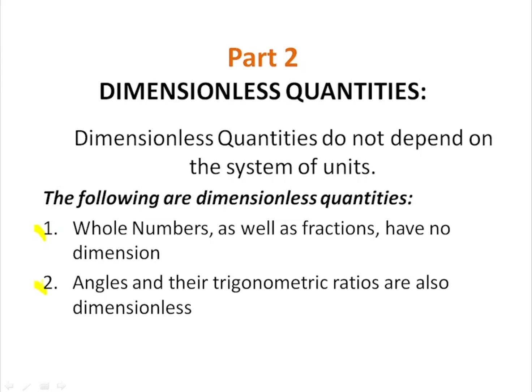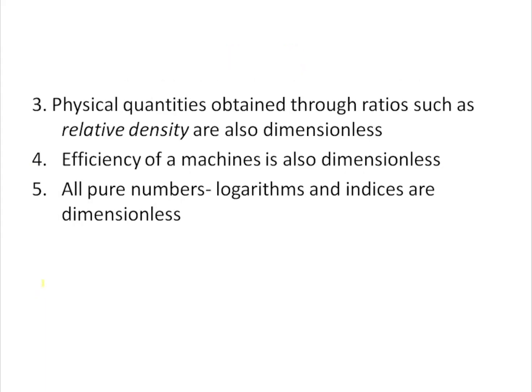Angles and their trigonometrical ratios are also dimensionless. Physical quantities obtained through ratios such as relative density are also dimensionless. The efficiency of a machine is also dimensionless. All pure numbers, logarithms, and indices are dimensionless.